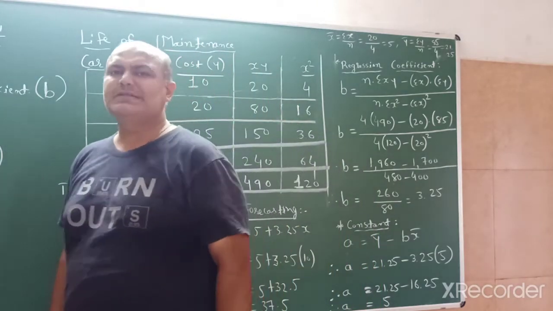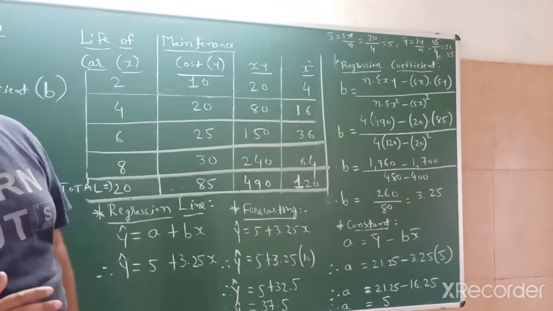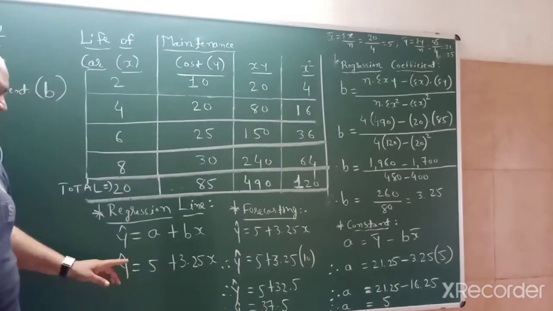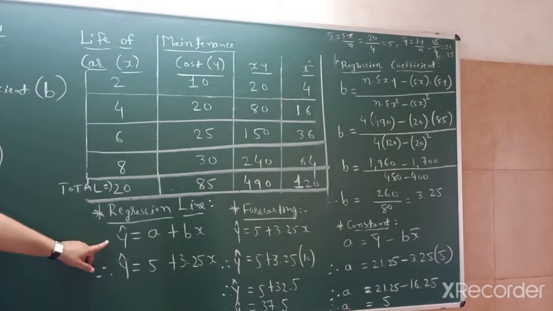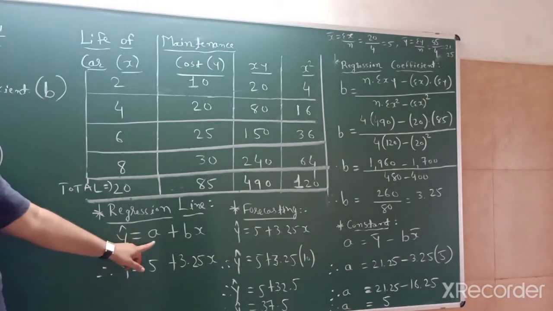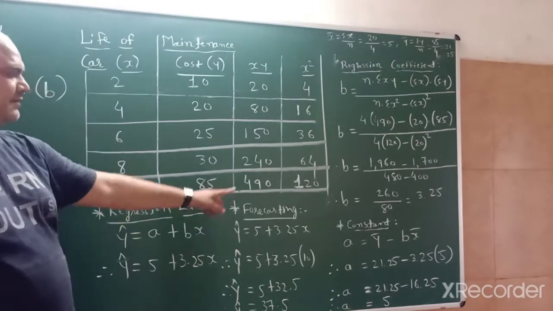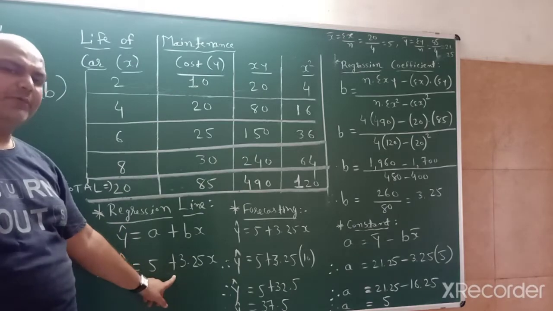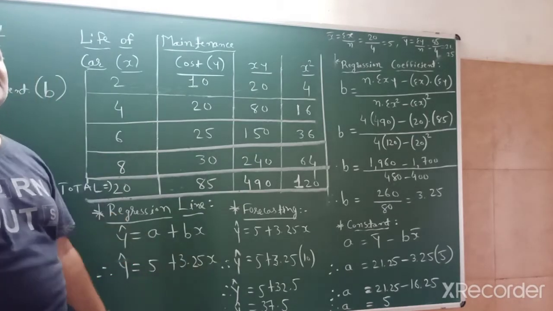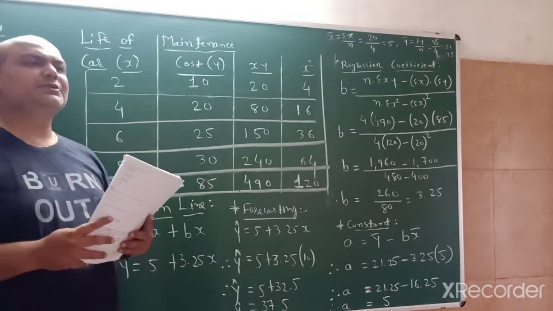Now we move towards third step, that is regression line y cap. The formula for regression line y cap is a plus bx. a is 5 plus b is 3.25 and x. Sir, what we have to put in place of x?